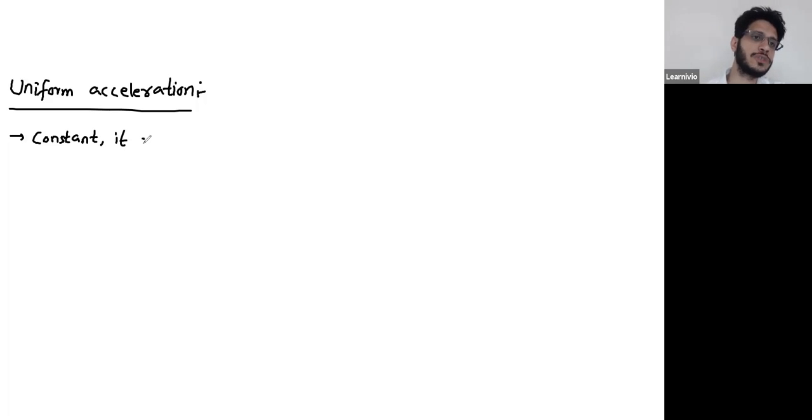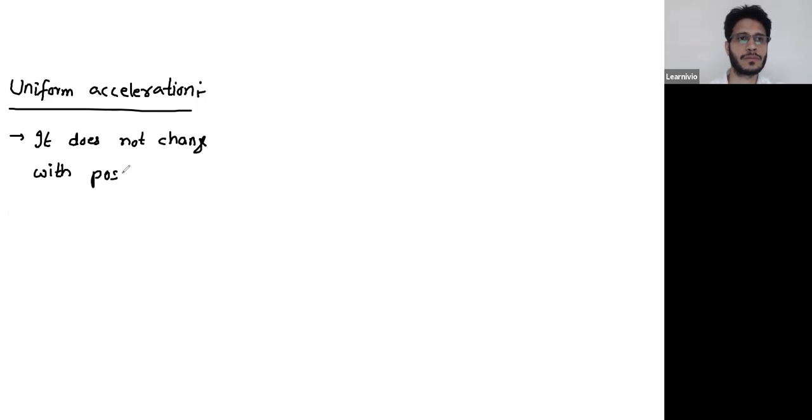It's better to write that uniform acceleration means it does not change with position or time. So if acceleration does not change with position or time, then it is uniform acceleration.